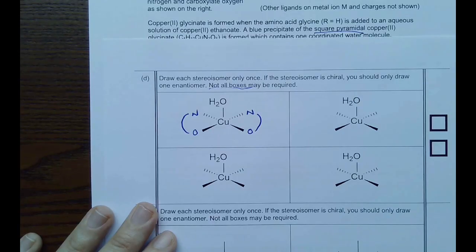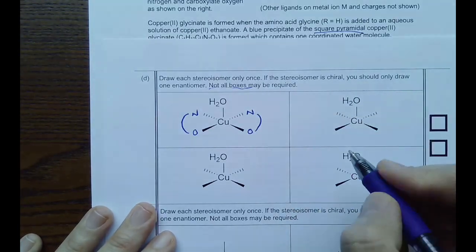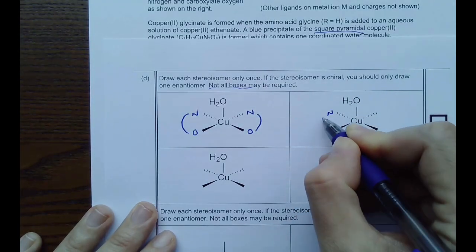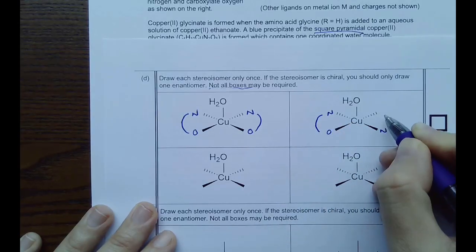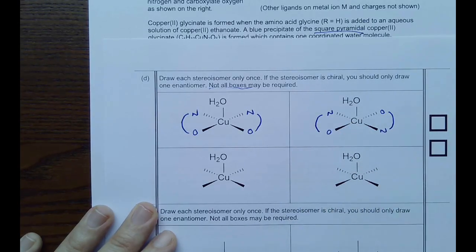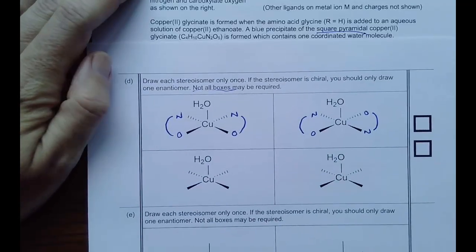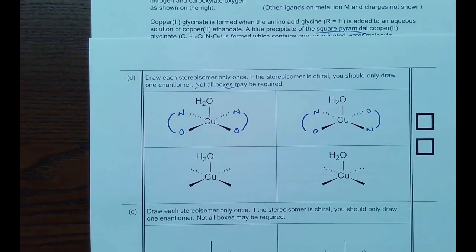And then obviously I'm going to get another isomer if I just flip these around, like that. Okay, and it should be pretty clear that there's no other way of arranging those. If I do any other kind of combination, I'm just going to get the same thing back.